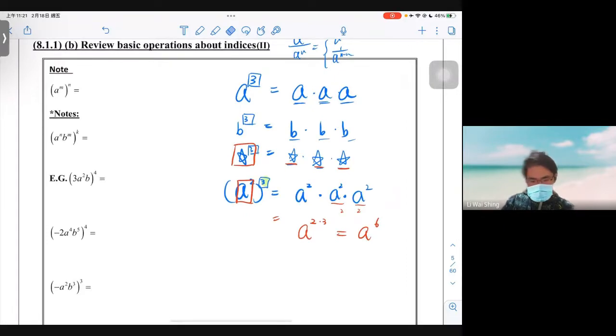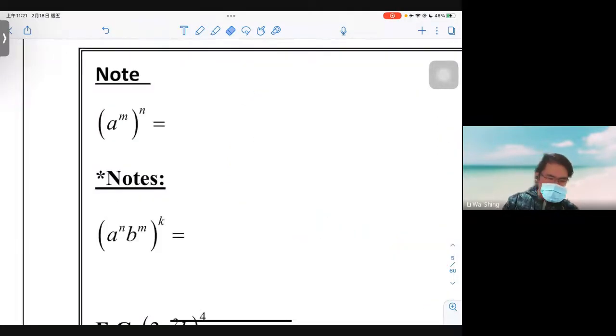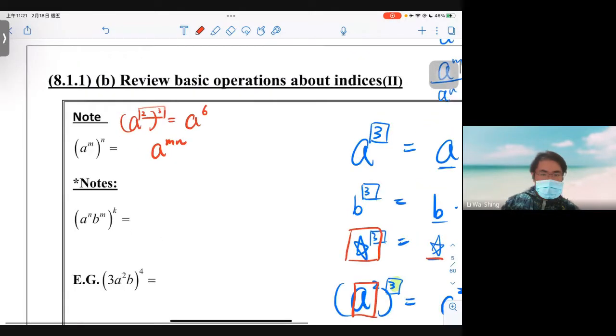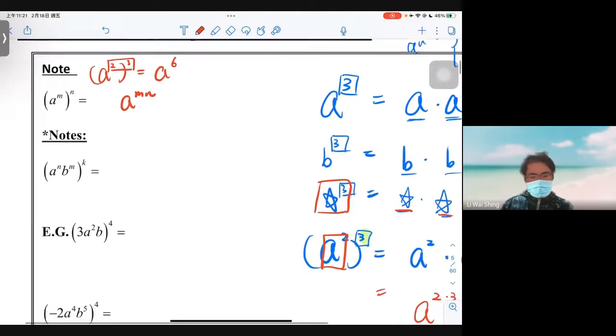So if it is in the form (a^m)^n, the power is just a to the power 6. You just multiply: (a^m)^n equals a^(m×n).